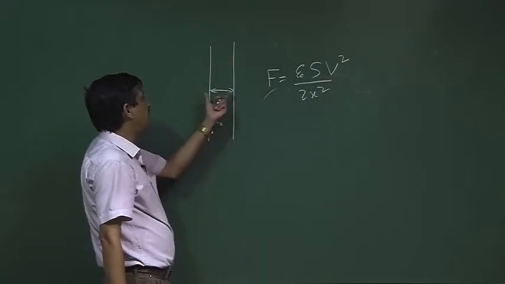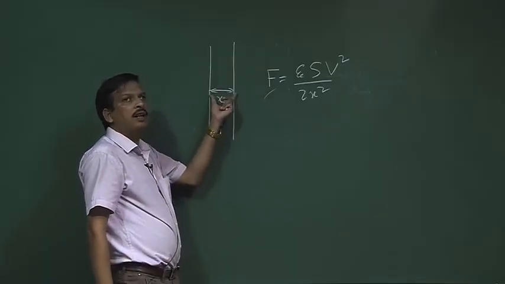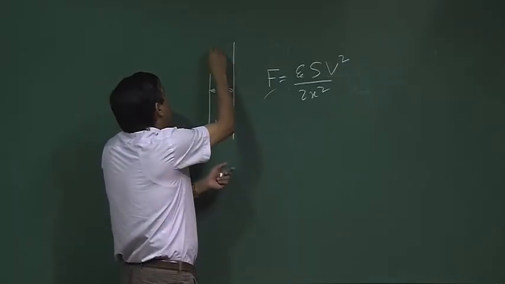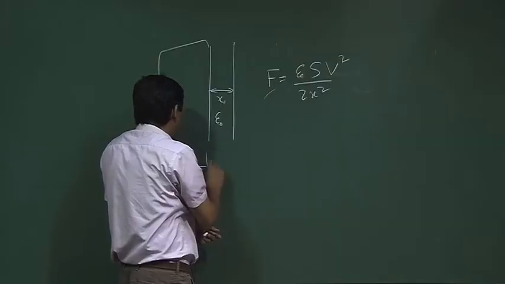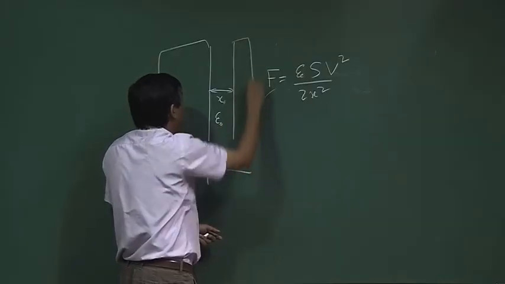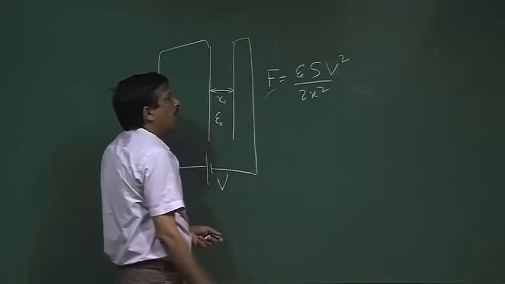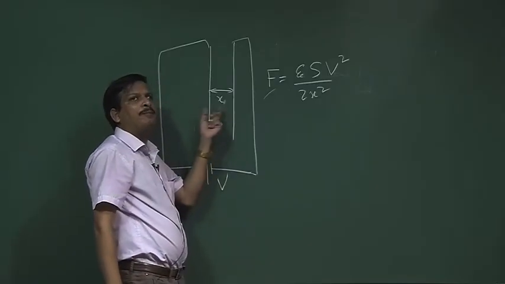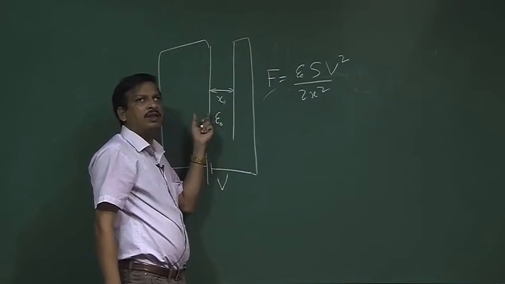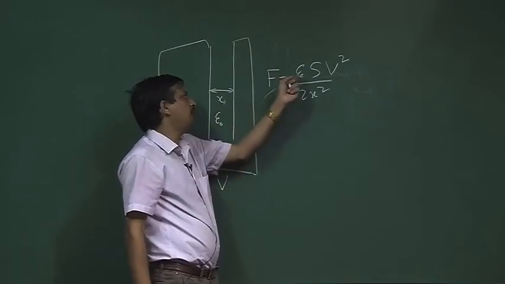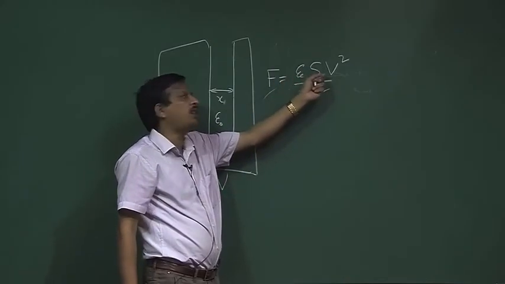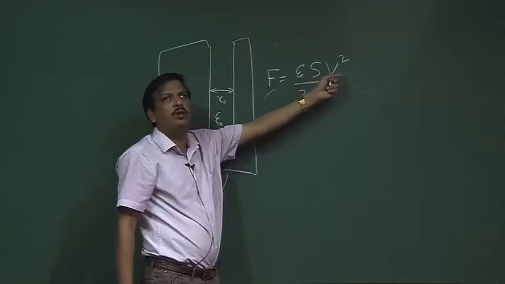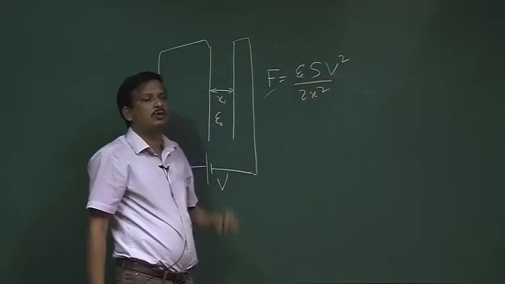So, if x is the distance between the plates and I apply a voltage V across the plates, then the mechanical force acting between the two plates is epsilon, the dielectric constant, multiplied by the surface area of the plate, into voltage squared, divided by 2x squared.